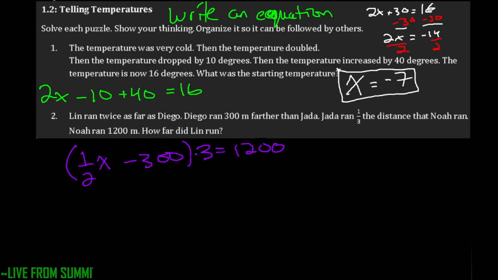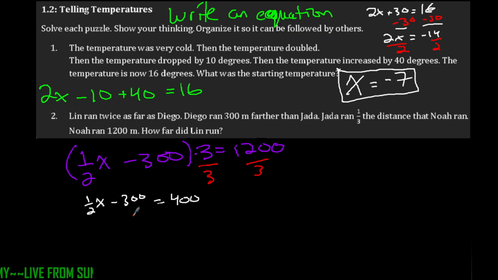We could divide both sides by 3. So now we have 1/2 x minus 300 equals 400. Add 300 to both sides.